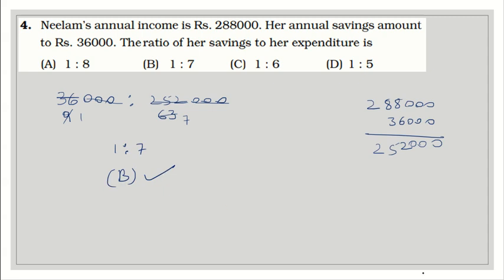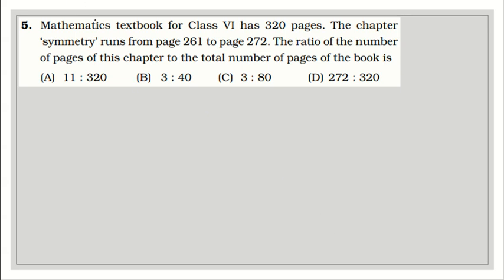Okay. Now moving on to the next question. Question number 5. The mathematics textbook for class 6 has 320 pages. The chapter Symmetry runs from page number 261 to 272. The ratio of the number of pages of this chapter to the total number of pages of this book.